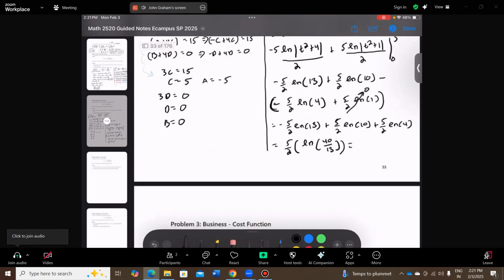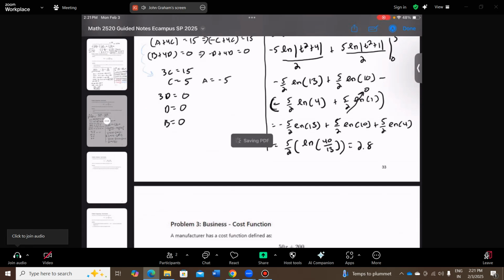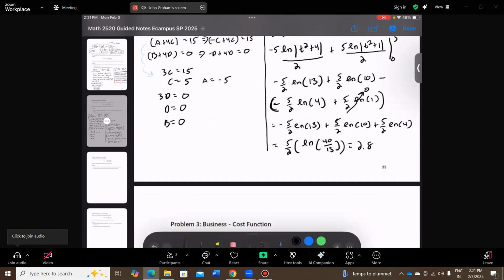It's easier putting it in a calculator that way. Okay, 2.81. So this is the total heat transferred from 0 to 3 seconds, in watts, 2.81 watts.